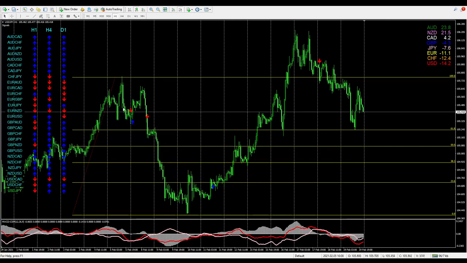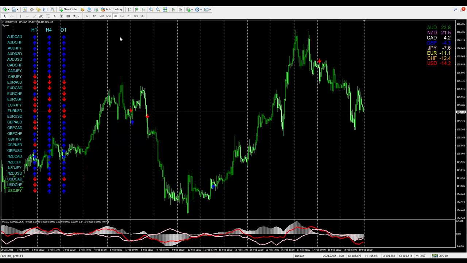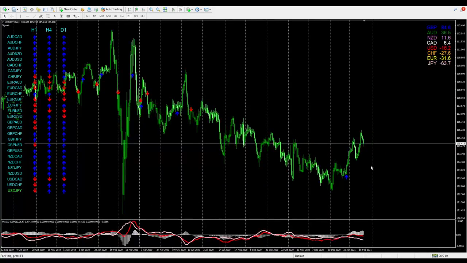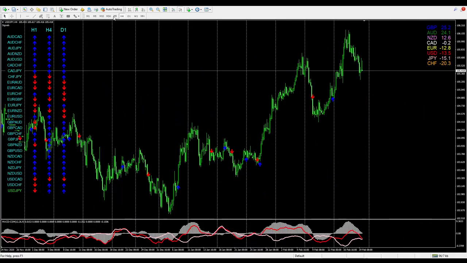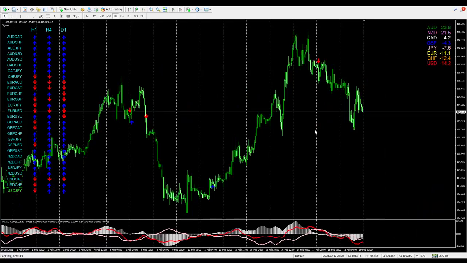On USD JPY, let's check D1. D1 is a buy. The general trend for USD JPY is here. On H4, it was buy since the start of this week too. On H1, as we can see, the last buy signal for USD JPY was February 11. This was last week.